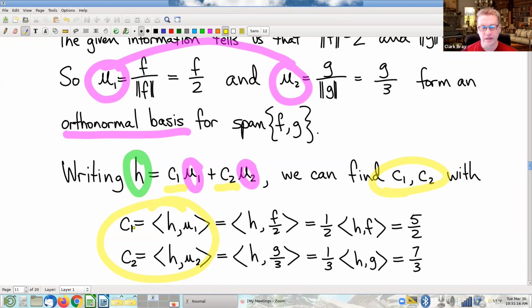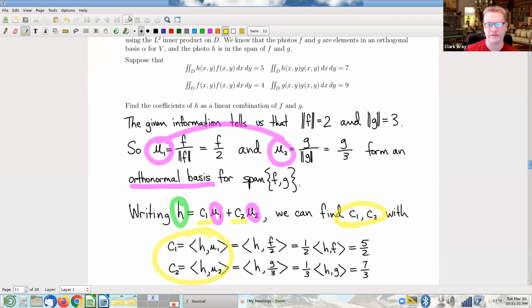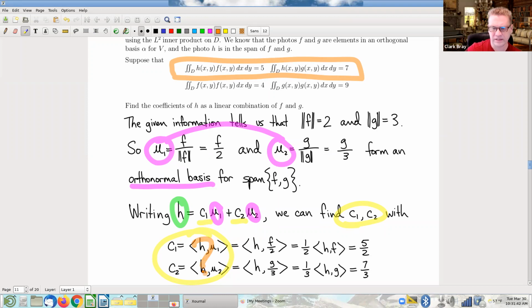Okay. So, but how do I do that? How am I going to compute these inner products? I need to know the inner product of h with u1 and h with u2. And do I have that? No. What I do have though is inner products of h with f and g. And so my goal is to relate the inner product of h with u1 with the inner product of h with f. And conveniently, that's no big deal. I mean, u1 is very closely connected to f.